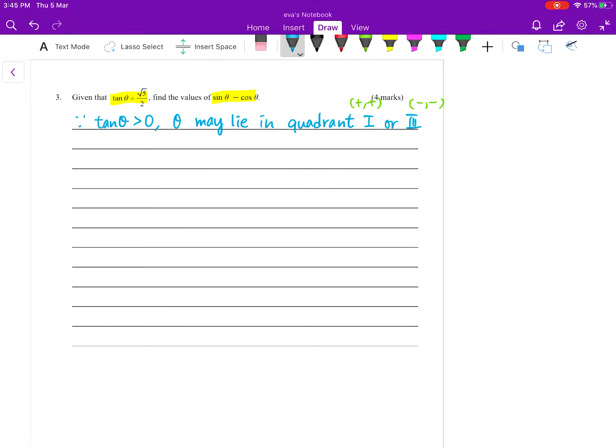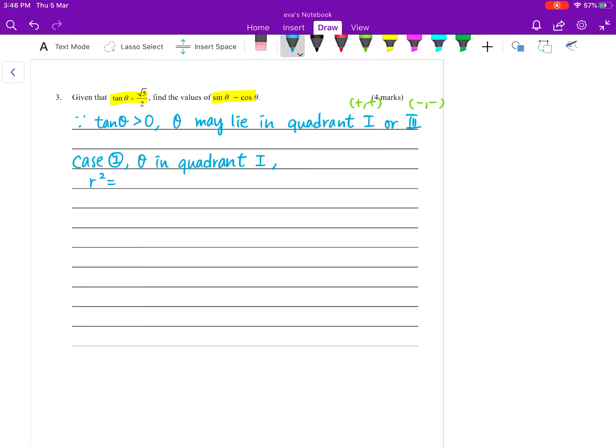So first of all, case 1: theta in quadrant 1. If theta is in quadrant 1, that means x is positive and y is positive.